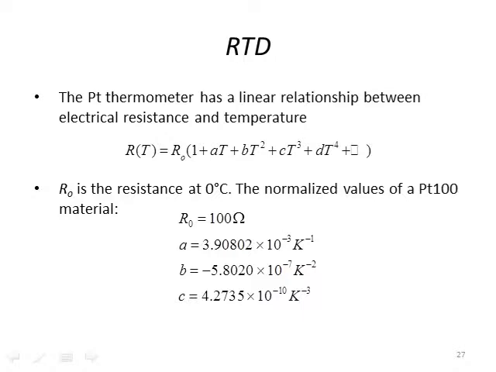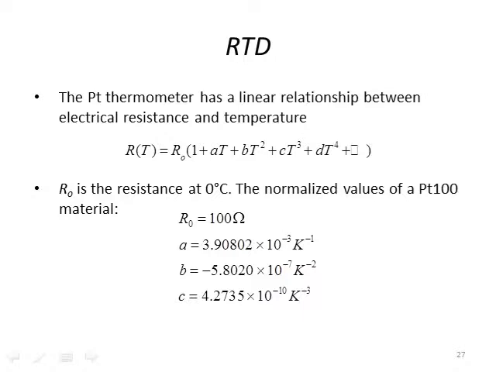But you will notice how much smaller B and C are compared to A. B is 4 orders of magnitude smaller than A, and C is 7 orders of magnitude smaller than A. Even though it's temperature cubed, these effects can still be much smaller, depending on the range.